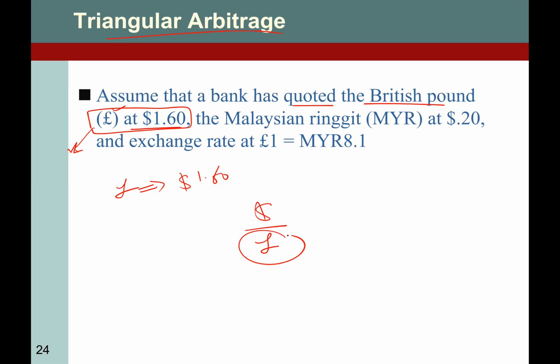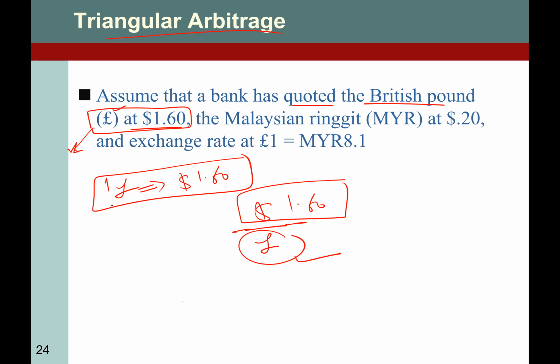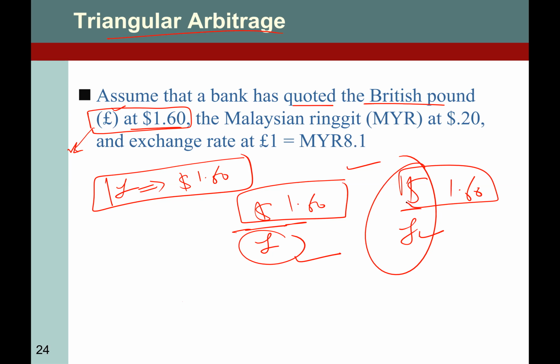The currency that is on the denominator is the value here. We are talking about the value of the pound in terms of dollars. Either we write it like this, the value of the pound is equal to $1.60, or we can write it in ratio form in the dimension method, dollar over pound. This is the price of the pound in terms of dollars, right?